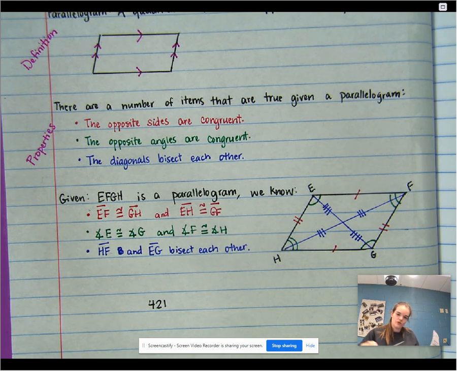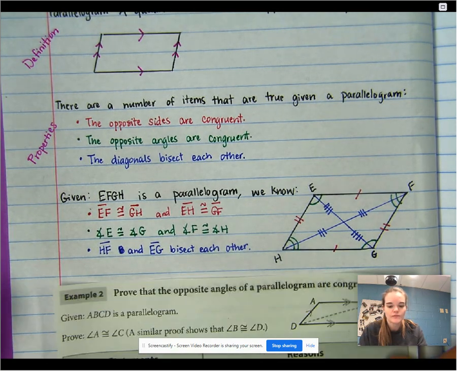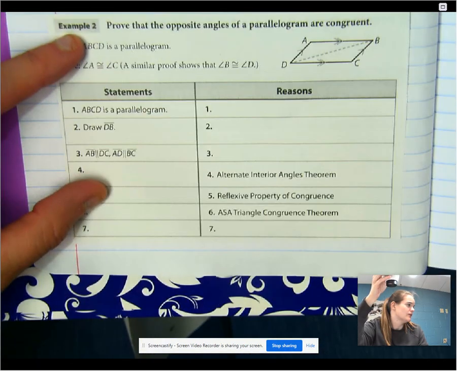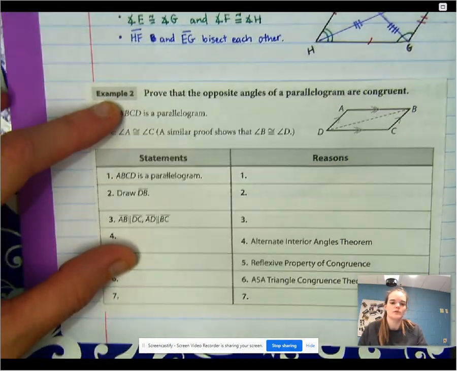We're going to prove that the angles are congruent. So you're cutting out example 2 on page 421, the box underneath it, and gluing it in right here. So this is all you're cutting out from 421. Let's slide this on up a little bit.